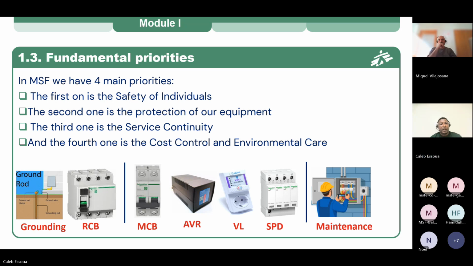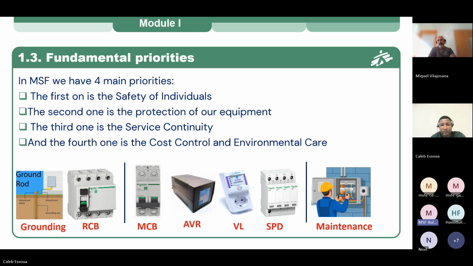The first thing when we are going to install something is safety, the second is to keep our devices safe, and the third is to continue the project safely, the continuity of the service.